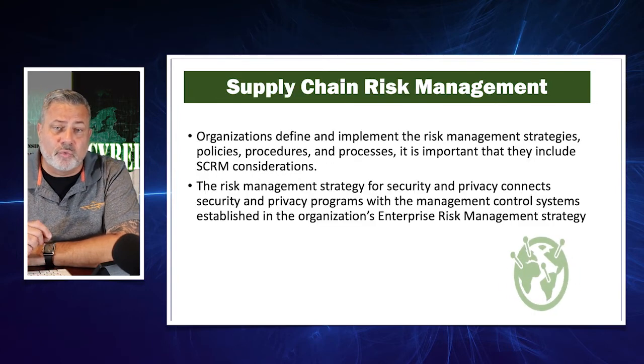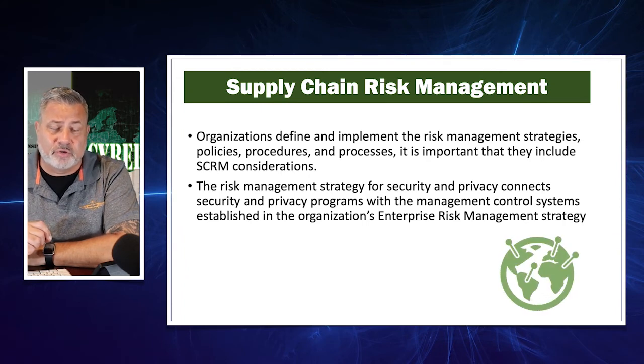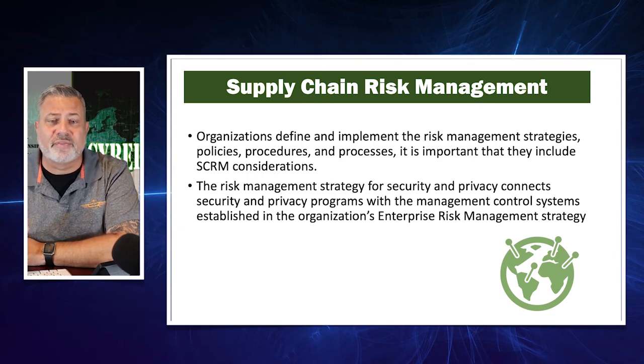We also have to worry about supply chain risk management. Organizations define and implement the risk management strategies, policies, procedures, and processes. It's important that they include supply chain risk management considerations. The risk management strategy for security and privacy connects security and privacy programs with the management control systems established in the organization's enterprise risk management strategy.